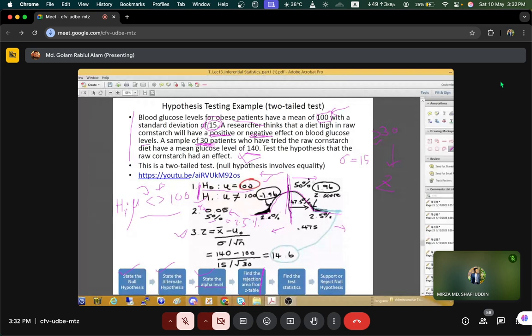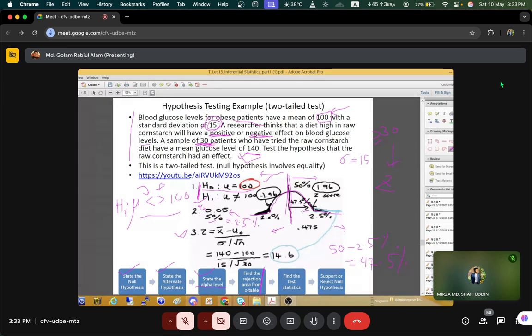Now we can see that 50% minus 2.5% is 47.5%.